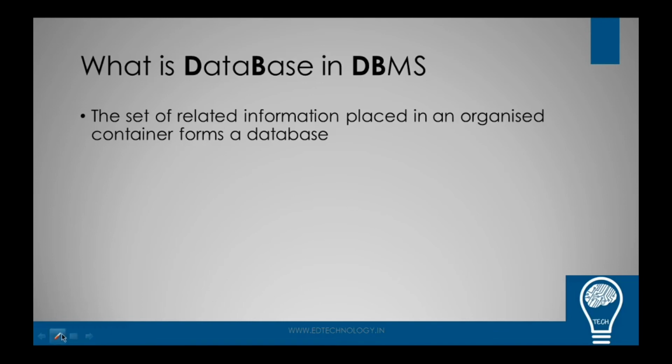I'm saying set of related information because when we store data in the database, we are giving connections, we are giving relations, and I will explain what relations, entities, etc. are in further videos. So when we talk about a database, it is a set of related information organized in a common container within which all the data is organized in the form of information. That is known as a database, right? So this is what the database in DBMS is.